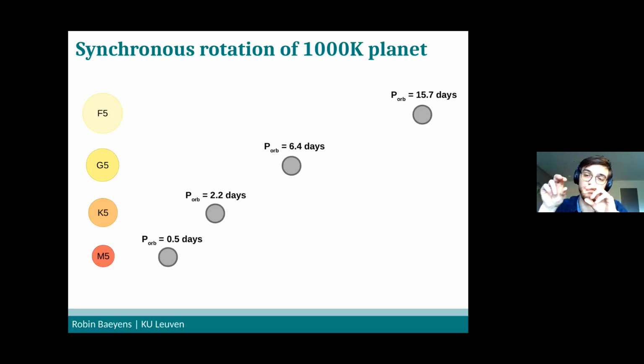And then the distance will be dependent on the stellar type, and that will self-consistently change the rotation period of it. Okay, yeah, that makes sense. So for the F star, for example, a hotter planet will have a shorter period naturally, because you compute beforehand what the distance has to be, and then you assume synchronicity. Yeah, that makes sense. Yeah, indeed.